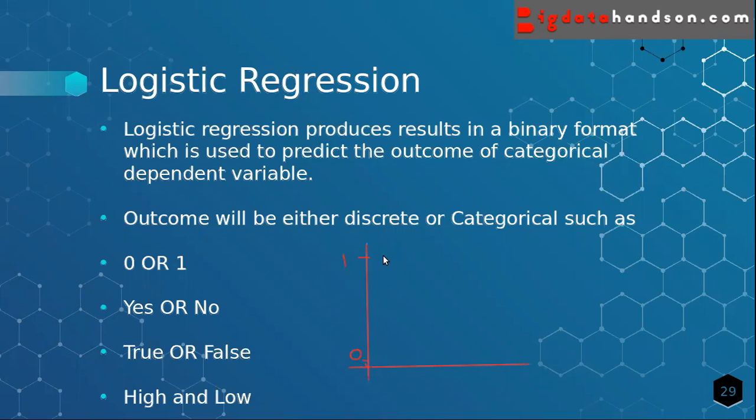For 1 we have some points, and for 0 we'll have some points like this point, this point, because it is a classification, right? It will have points only at 0, or it will have some points near 1.